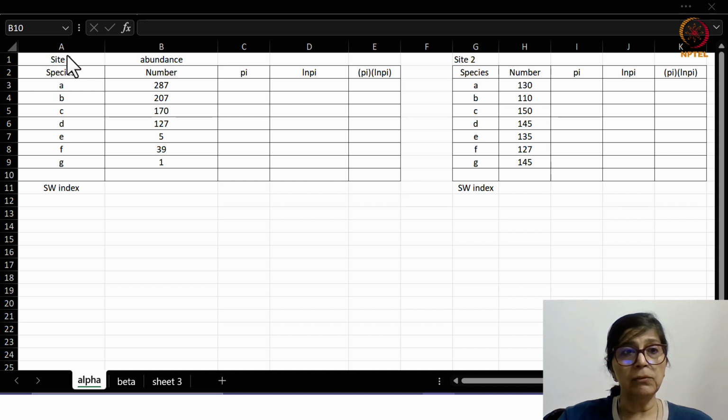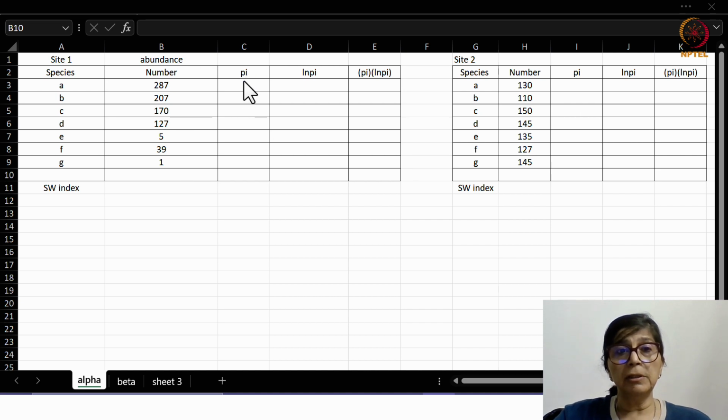For site 1, you can use species A, B, C, D, E, F, G, and the second column is abundance, or the number of each species. For example, if you go to an ecosystem or an area, you will see there are 100 mango trees or 4 jackfruit trees. That is the abundance, right? The count of it. So this goes into the second column.